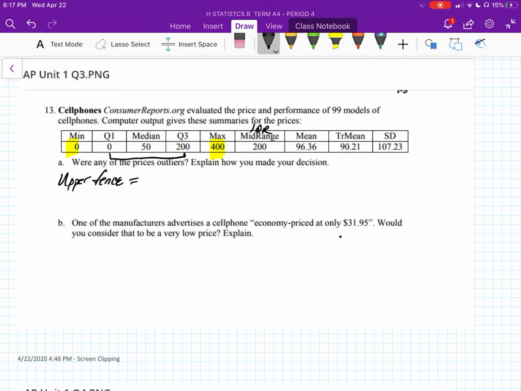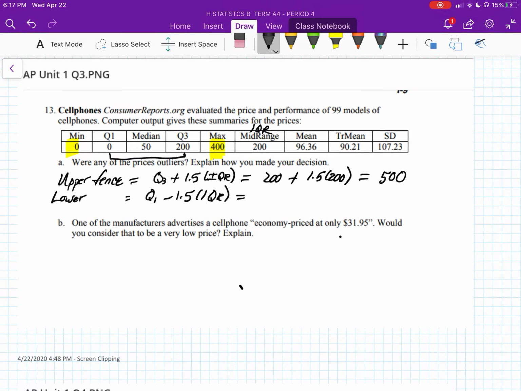Q3 in this case is 200, and our IQR is 200. If we multiply times 1.5, it's 1.5 times 200, so it's 200 plus 300, which gives us an upper value of 500. And our upper fence is well outside the max, which tells us that there's no upper outlier.